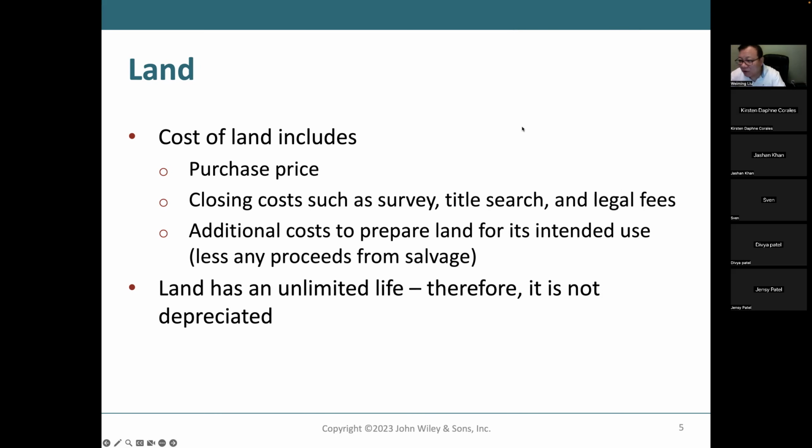So land. I guess we all understand what land is. So what is the cost of land? There's a purchase price, right? When you buy land, you have to pay a price. And there are the costs you pay to the lawyer, so legal fees.